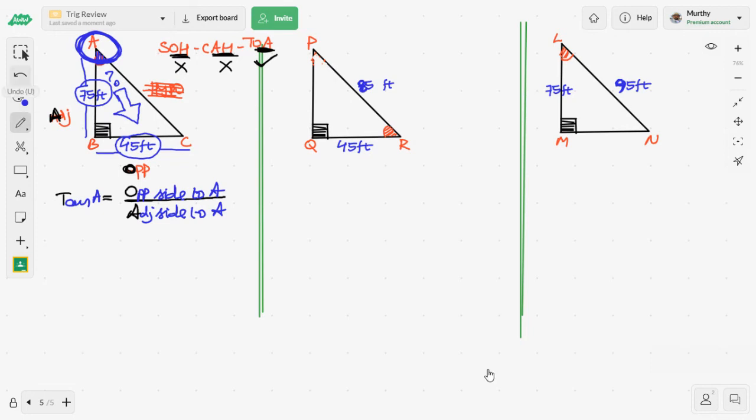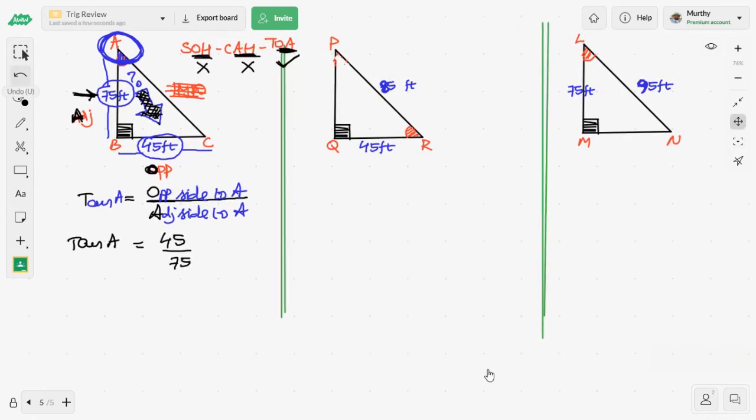Okay, so what is the value? Just plug in the values. What is the opposite? Please don't forget to draw these arrows, which eliminate a lot of mistakes. Here it is 45, and the adjacent I see is 75. Then tan A equals this. A very important thing while computing the missing angle is that this is slightly different.